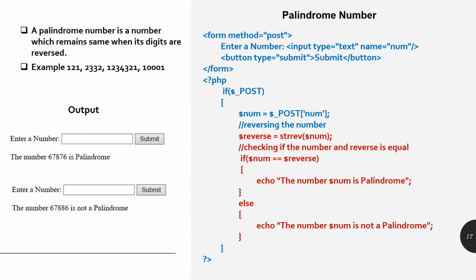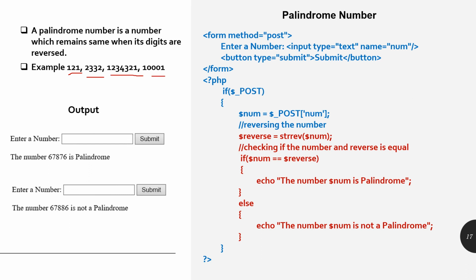Now we are going to check whether the given number is a palindrome or not. A palindrome number is a number which remains the same when its digits are reversed. When you reverse a number, for example 121, we're going to get the same number. See, 2332, same number. This also is the same number.